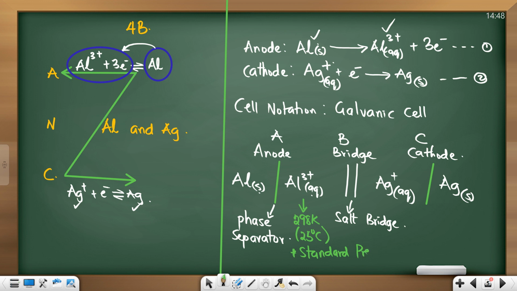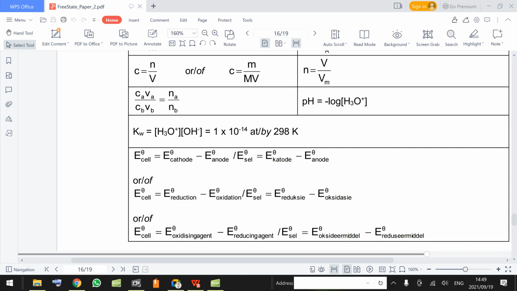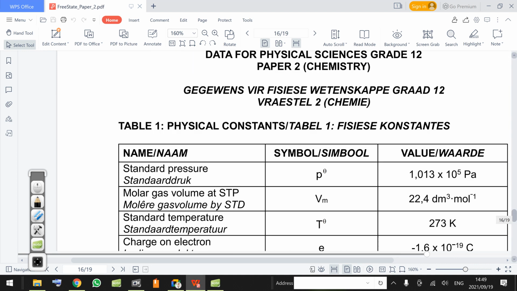Again, I don't want you to cram it. The standard pressure, let's go back to our formula page, is the first thing you see on your formula page. Do you see standard pressure there? It is the first thing you see. 1,013 times 10 to the power 5 Pascal. That is your standard pressure.